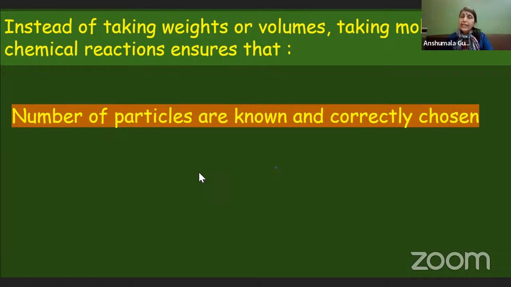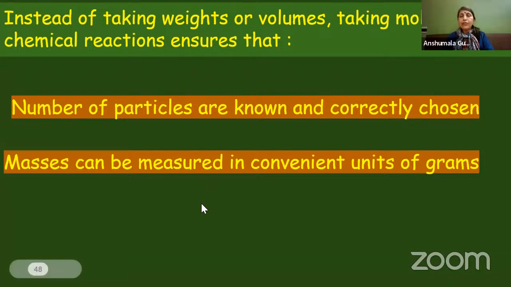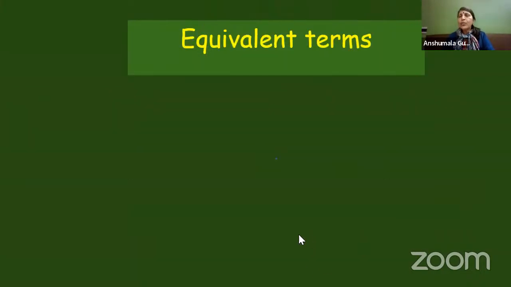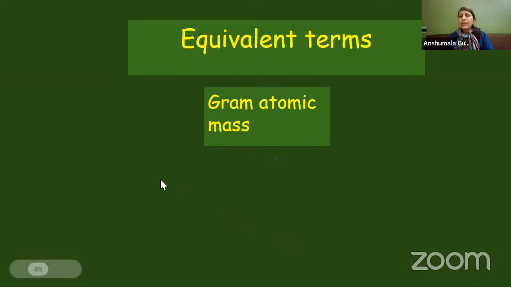All reactants can be taken in an equal number of particles. Then masses can also be measured in convenient units of grams. And then our reactions go to full completion without excess amounts of reactants, and there's no wastage. So there are so many advantages of taking the mole.